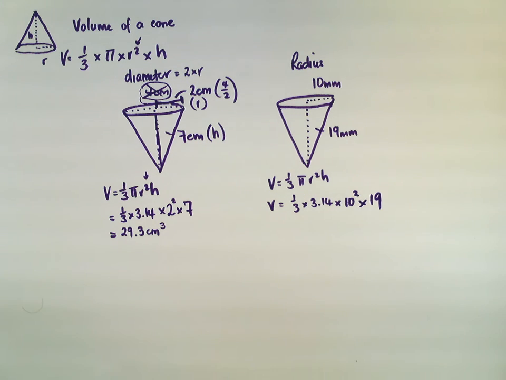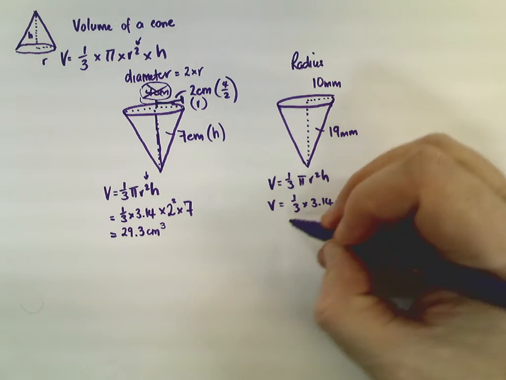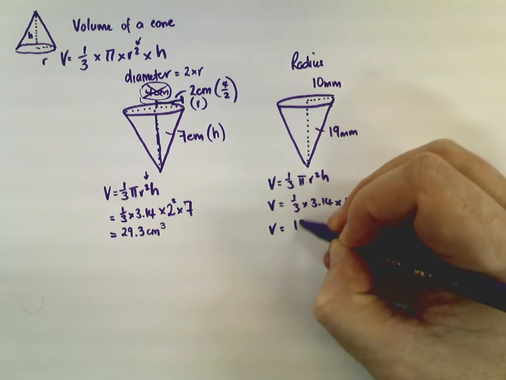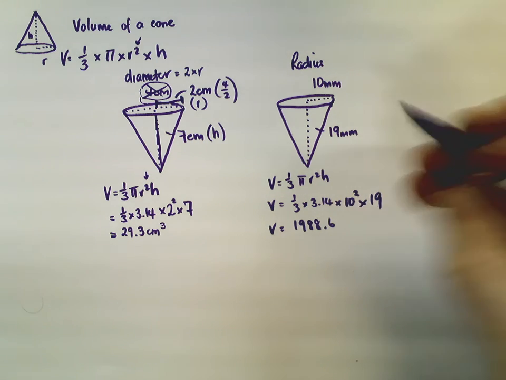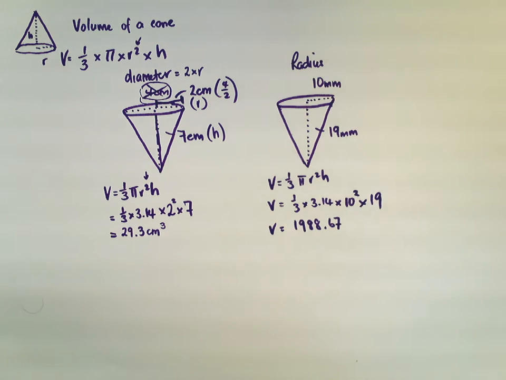So once again, I'm just going to quickly grab the calculator. You can probably hear me dulcetly tapping away the keys. I suppose you could call that music if you wanted to. So volume is 1,988.66. I'm going to round that to 67 because it's 0.6 reoccurring.